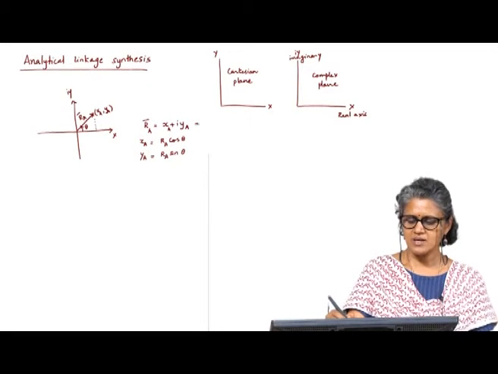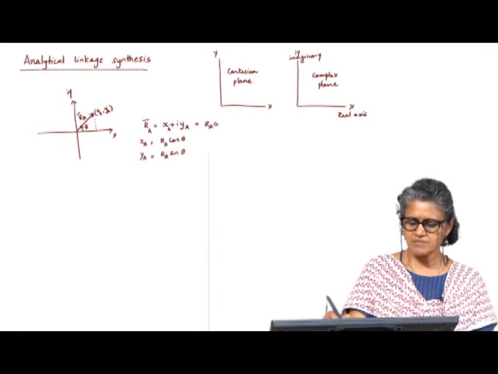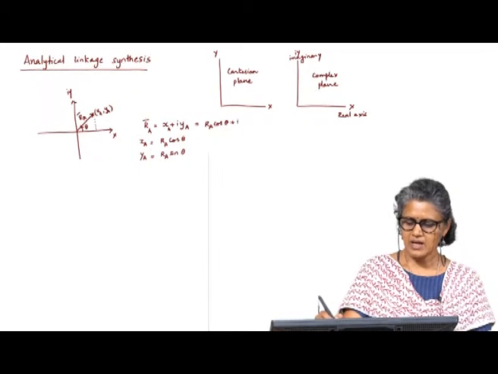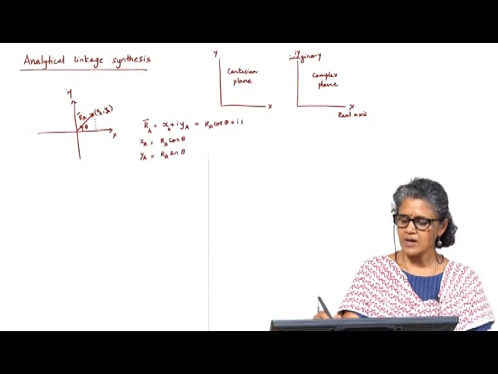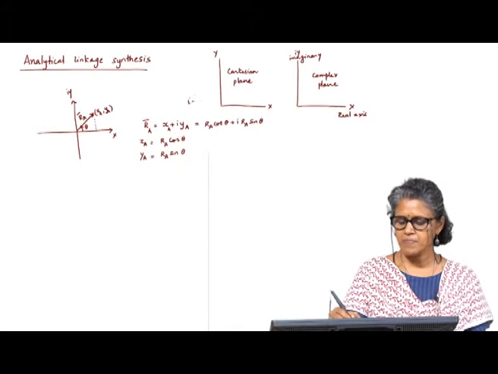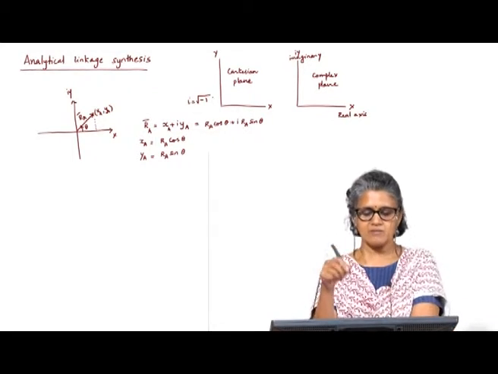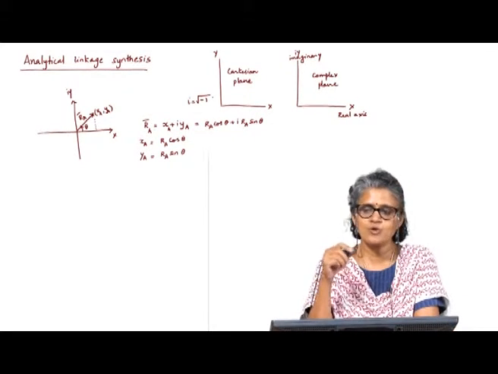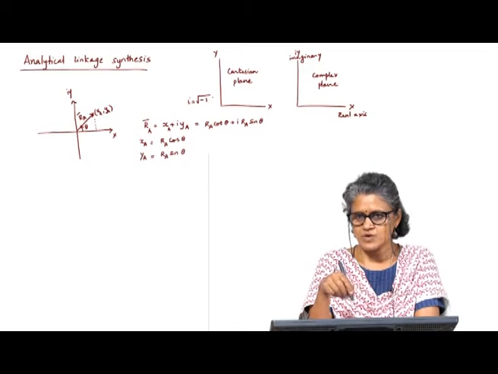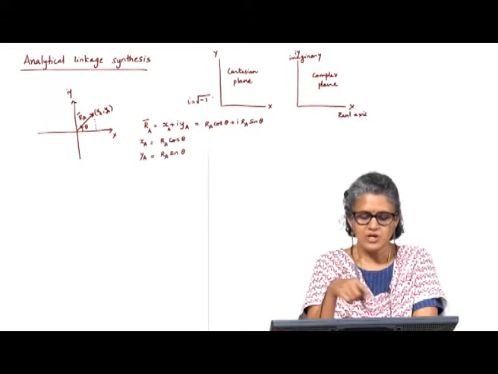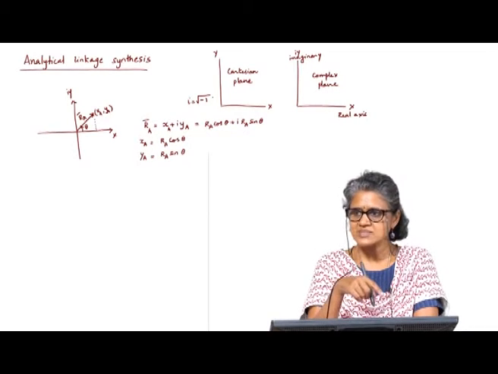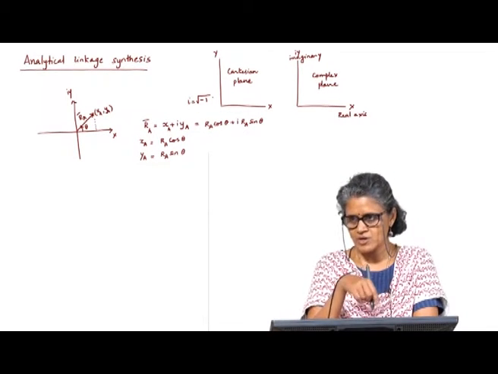So this is R_A cos theta plus i R_A sin theta, where i is, as always, the root of -1, but here we will use i more as an operator. We are not really looking at it as that value, but you will see that we will use it as an operator for this application.